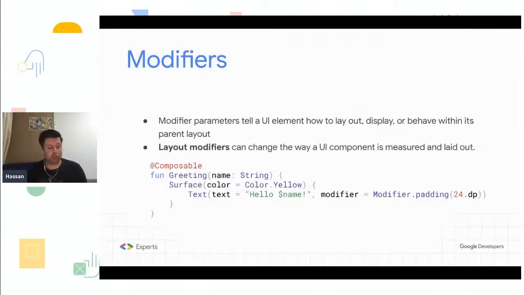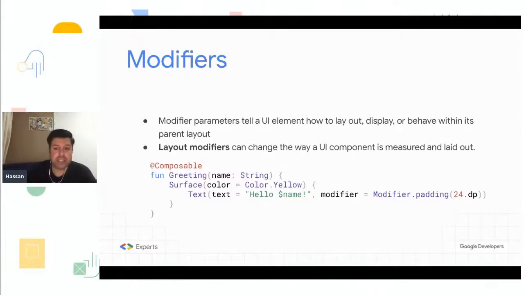So let's look into modifiers. Modifiers are parameters that tell the UI how to lay out. I mean, in XML, you basically have those paddings, margins, alignments, and other stuff, right?